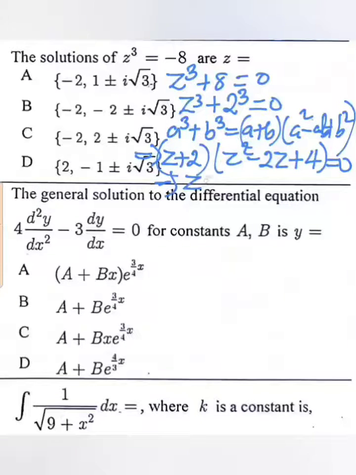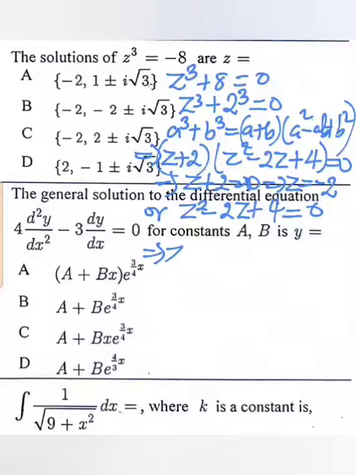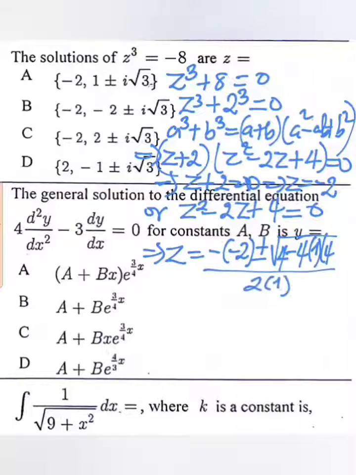So that we have either z plus 2 equals 0, following that z equals -2, or z squared minus 2z plus 4 equals 0, following that if we apply the quadratic formula, we would have that z equals negative of -2 plus or minus the root of -2 squared, which is 4, minus 4 into 1 into 4, all that over 2 into 1, and that gives us 2 plus or minus the root of 4 minus 16, which is -12, all over 2.